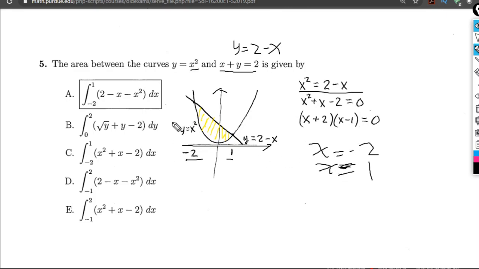And then to write out the integral, the bounds would be -2 to 1, and since the 2 minus x is on top, you can say 2 minus x minus x squared dx, which is A here.